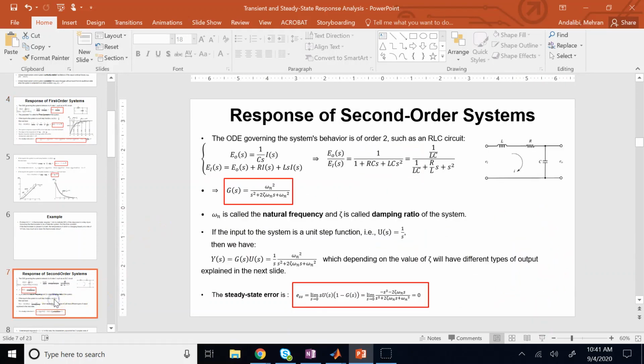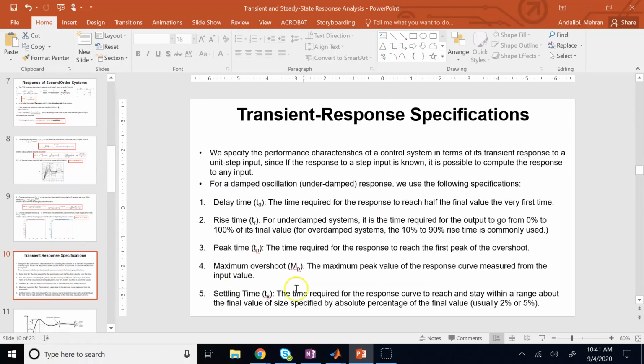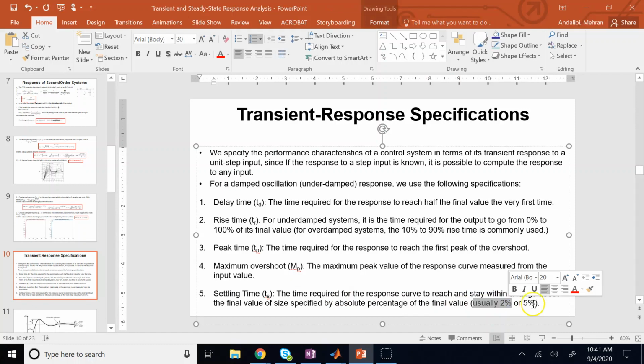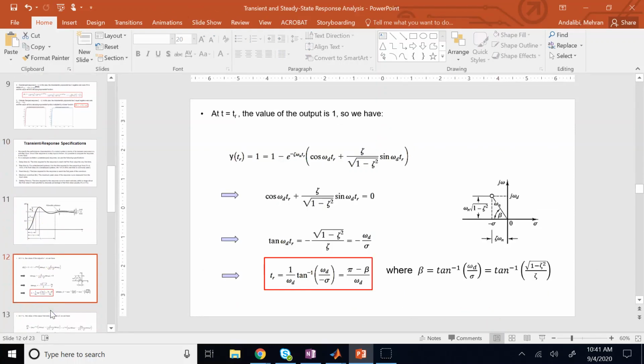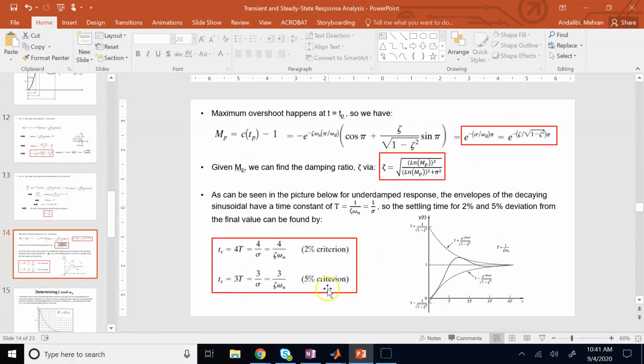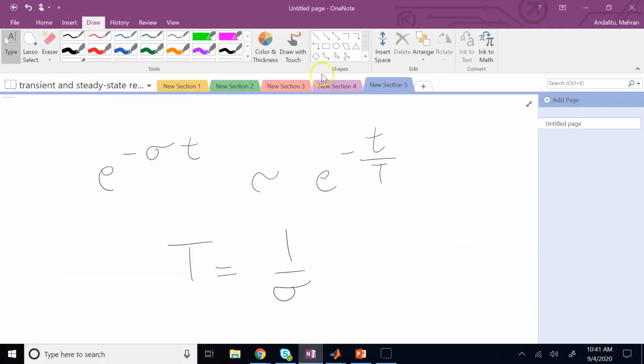So when they specify settling time, they always tell you what criterion: is it a 2% criterion, 5%, 1%, or so on? The typical one used most of the time is 2%. If you want to reach within 2% of the final value and never leave that zone, it takes you 4 over zeta omega n to make it happen.